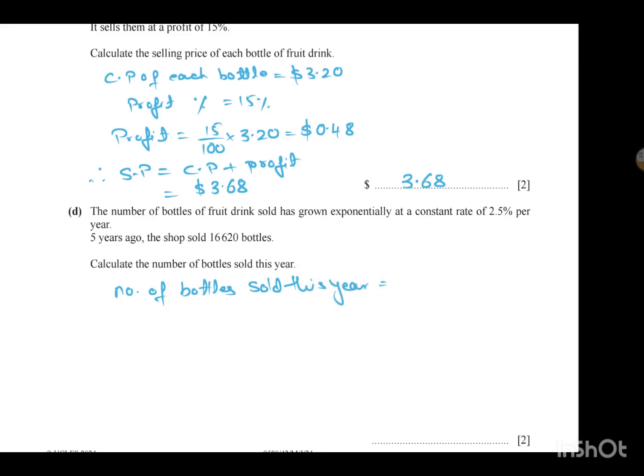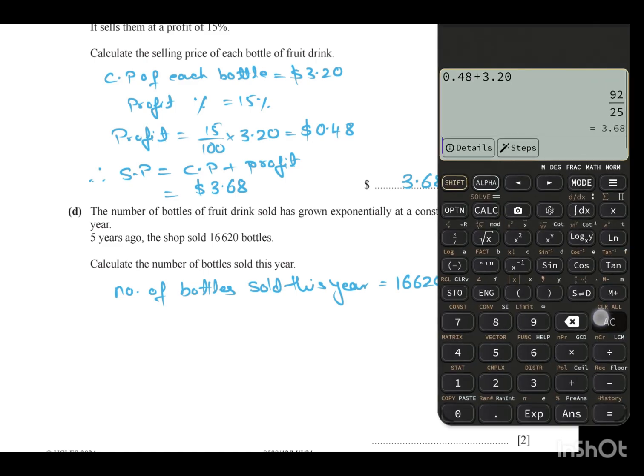We take the principal, the starting number of bottles, that is 5 years ago, 16,620. Then 1 plus the rate, 2.5 by 100, whole raised to 5, so 5 will be the value of n. Just substitute and put this in the calculator.